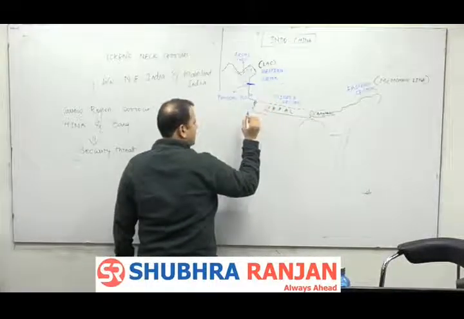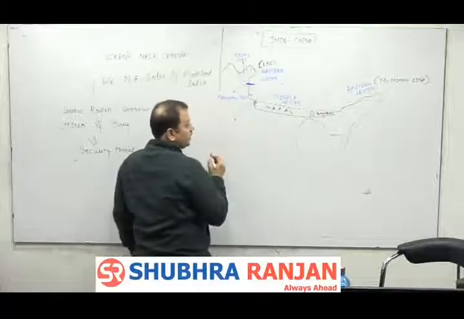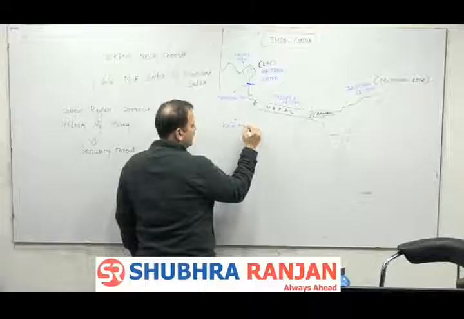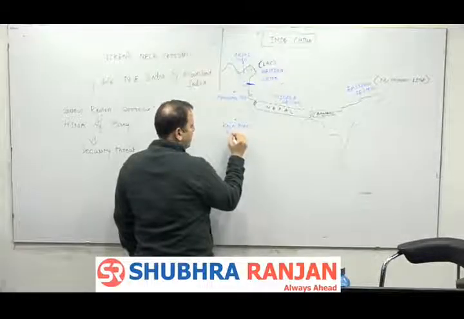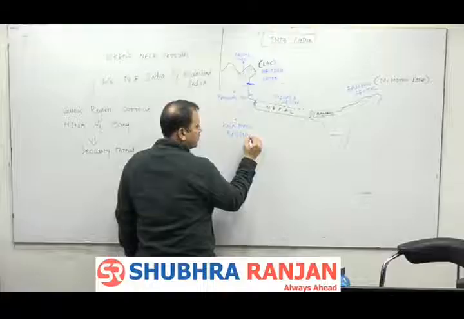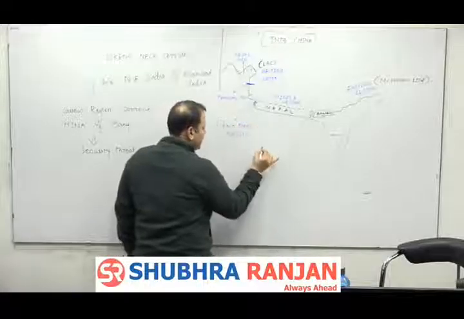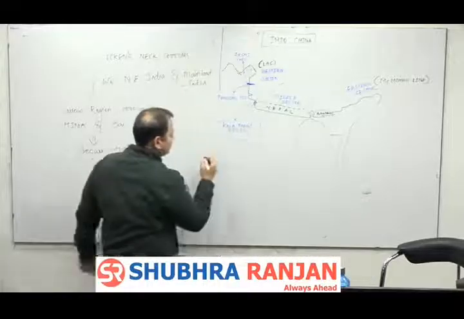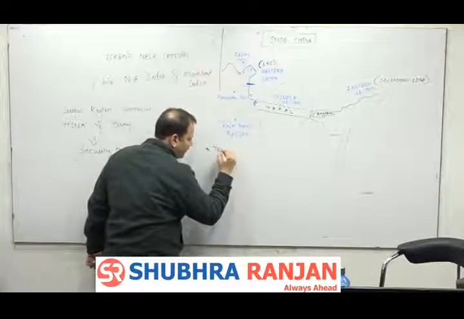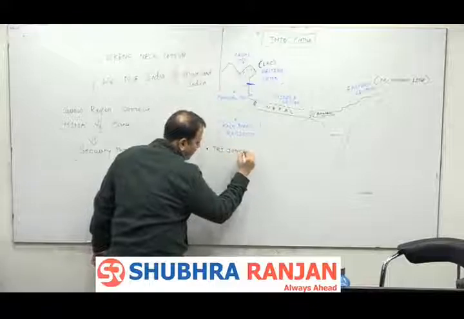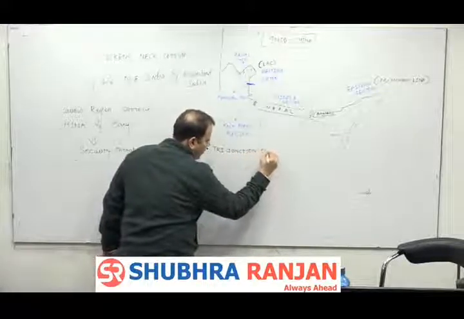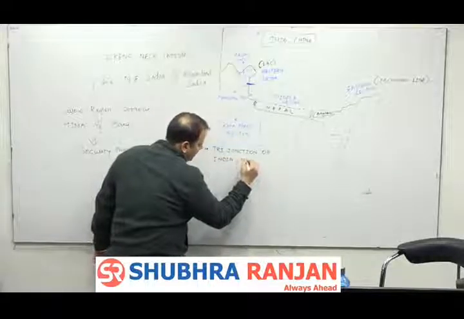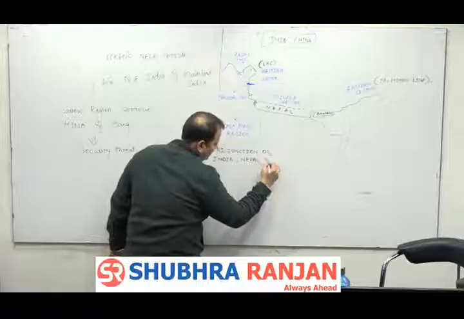Then this region is what is known as Kala Pani region. This region is known as an Kala Pani region, which is located at a tri-junction of India, Nepal and China.